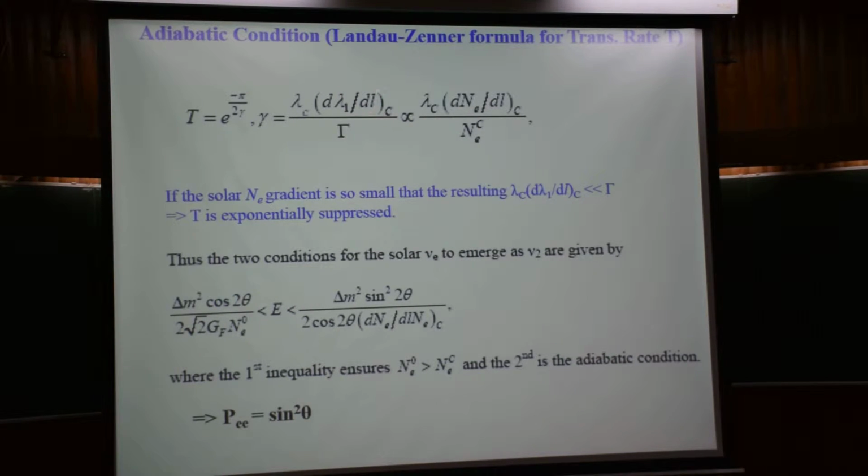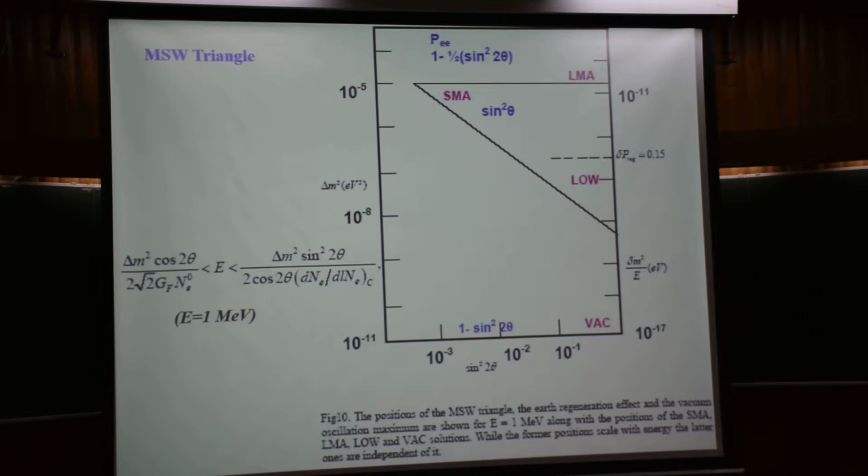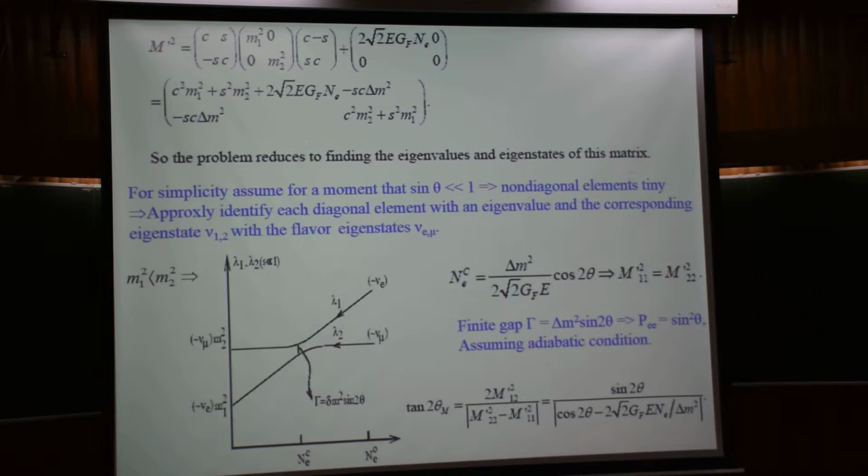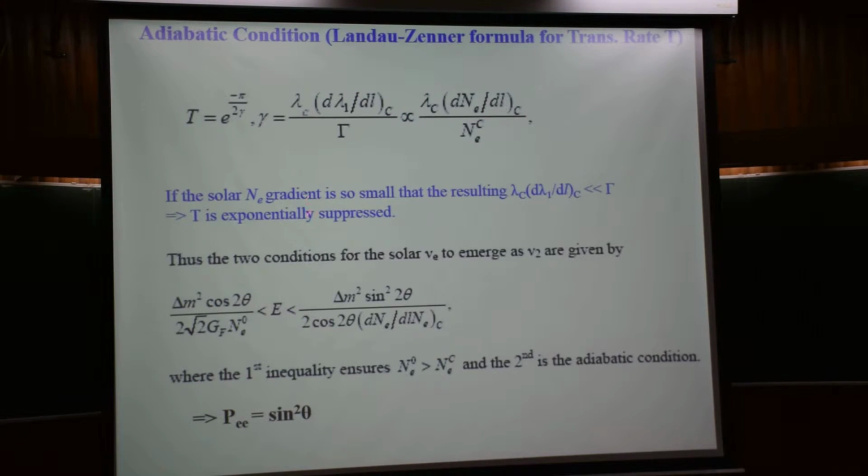And the rate of change of the eigenvalue will be proportional to the rate of change of the electron density, because the eigenvalue is changing because of the electron density. So if the electron density gradient is so small that the resulting change in the eigenvalue over one oscillation wavelength at the crossover point is much smaller than the gap between the two, then of course gamma will be small, so this will be exponentially suppressed. So there will be no transition.